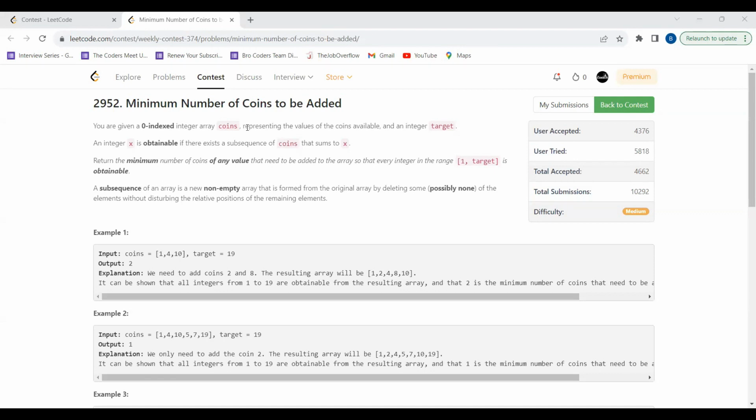Return the minimum number of coins of any value that need to be added to the array so that every integer in the range 1 to target is obtainable. Okay, so a subsequence is any non-empty sequence of the array which you can take.